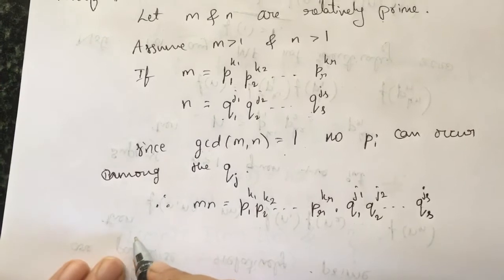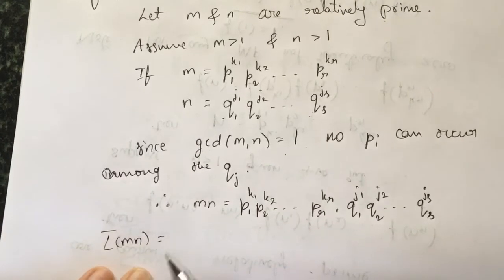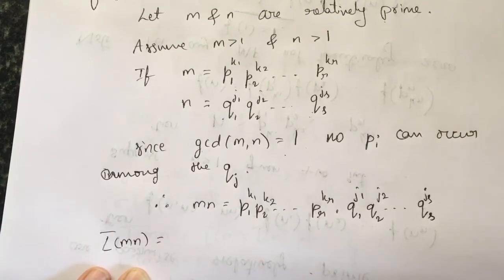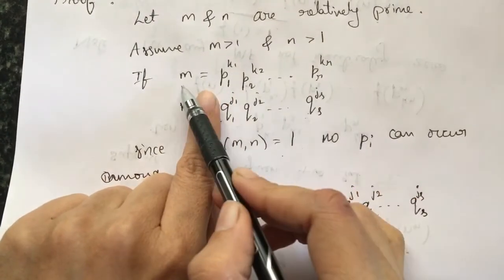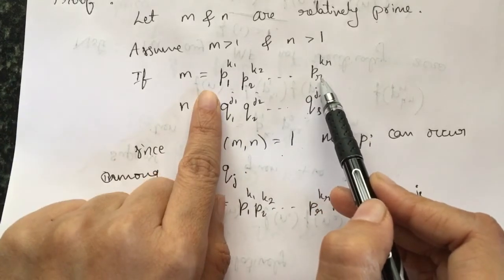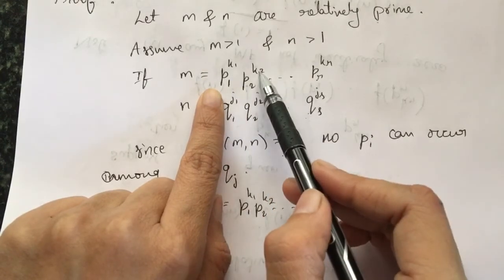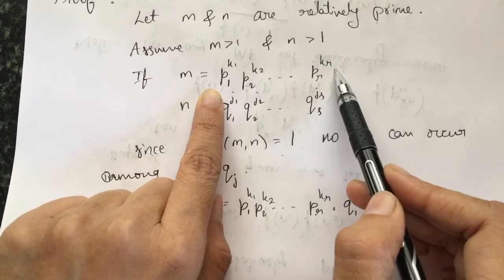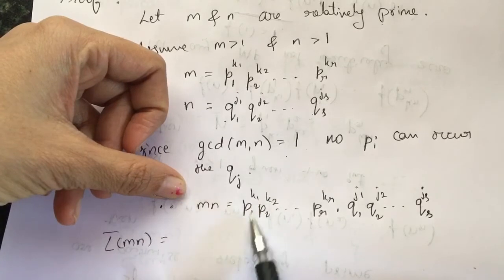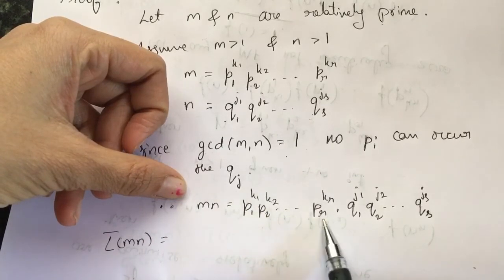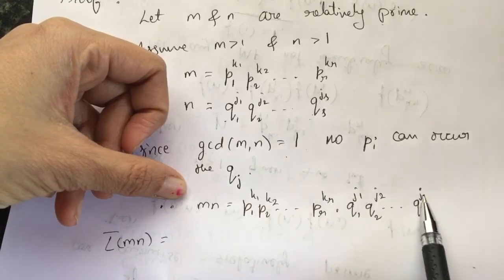Now tau of mn, this is from the formula we know. If m is written with a prime factorization like this, then tau of m equals k1 plus 1 into k2 plus 1 all the way up to kr plus 1. Now here I have written mn as p1 power k1 up to pr power kr into q1 power j1 till qs power js.